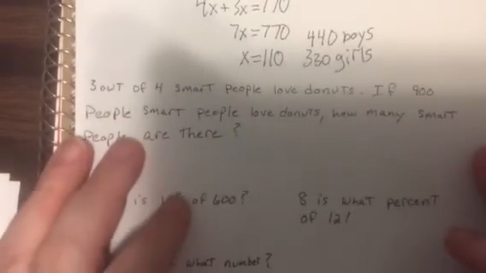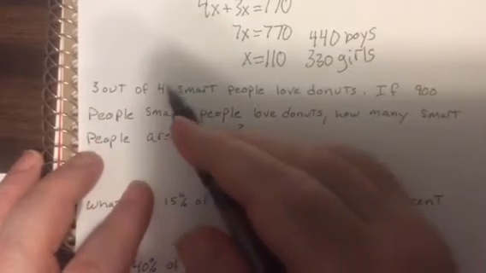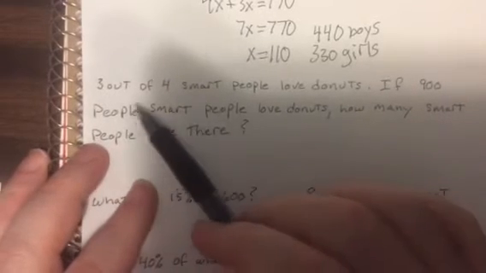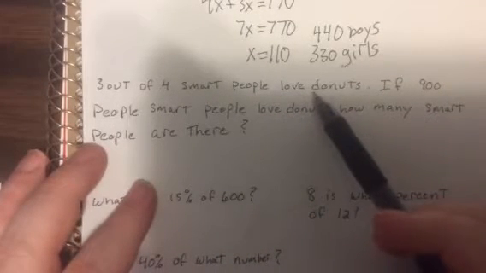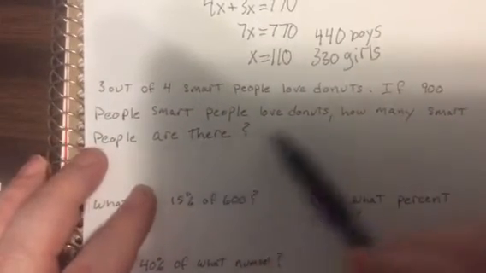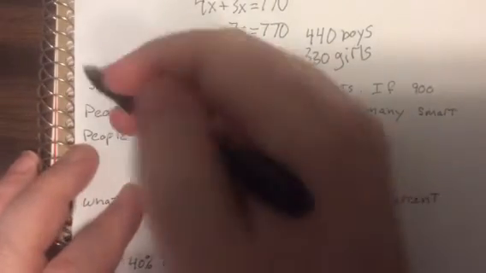Okay, next problem. Now, how do I know it's a proportion? Because it's 3 out of 4, 3 out of an amount. Now, let me write 3 out of 4 smart people love donuts. 3 of the 4 smart people. If 900 people, well, I kind of messed that up, didn't I? If 900 smart people, so let's cross this out.